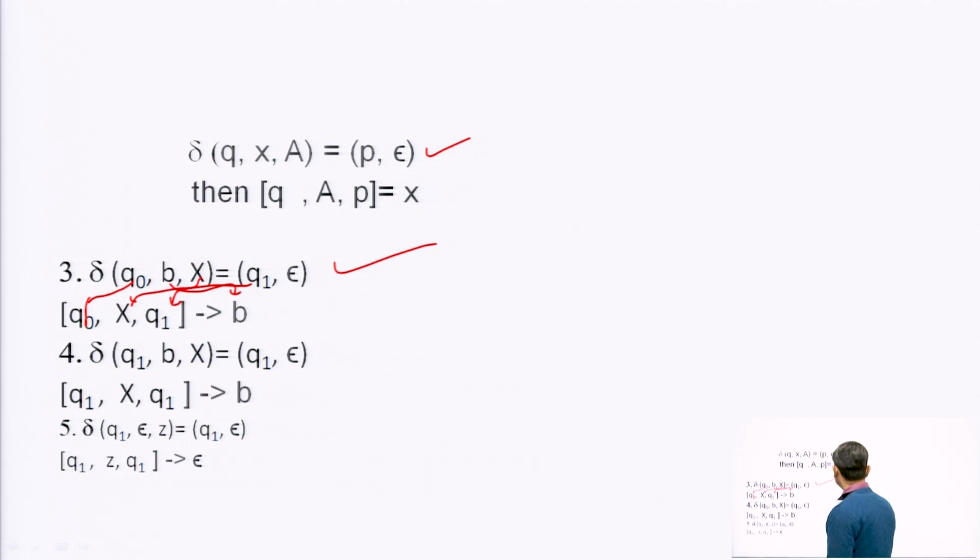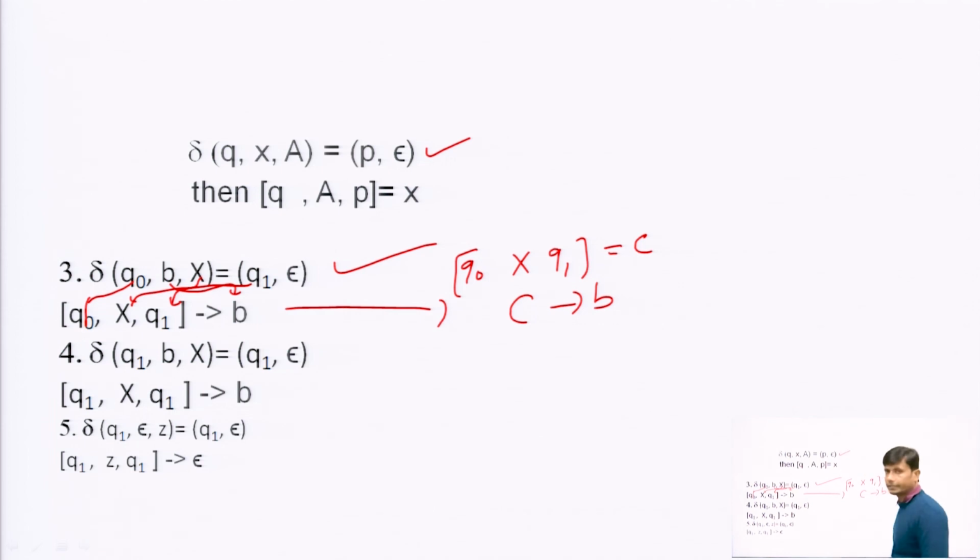Suppose we assume q0 x q1 is capital C, then this production will be C to B. So like that you have to get the production.